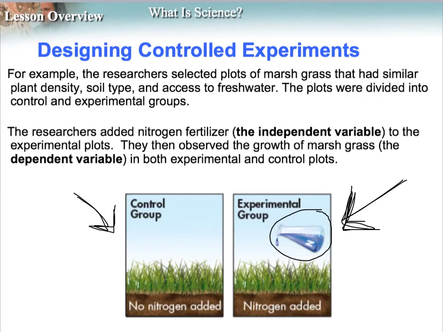Because they're getting the same amount of sunlight, the same amount of water, the same soil. Everything is the same. The only thing that's changed is the independent variable, the nitrogen, and the dependent variable would be the growth of the grass. So the thing that depends on the independent variable.